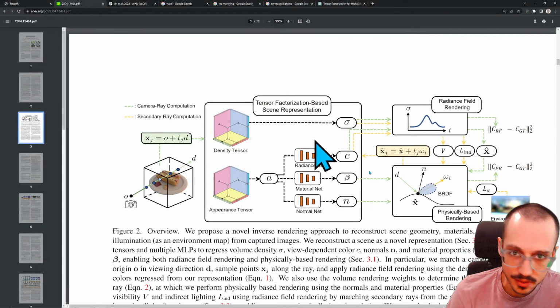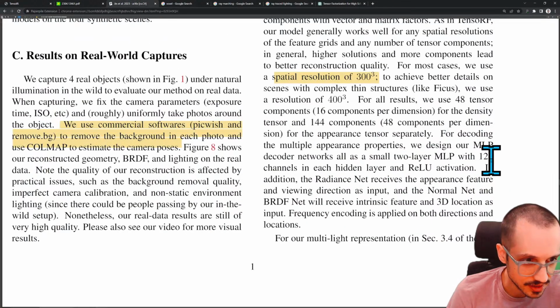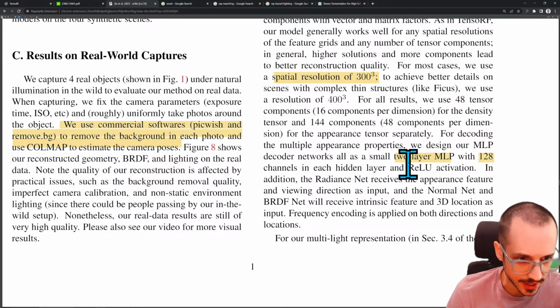The MLPs, so these little multi-layer perceptrons here, the normal net, the material net, and the radiance net, they're 2 layers, so still very tiny multi-layer perceptrons, 128 channels, which basically just means the size of the fully connected layers, and ReLU activation. So this is a very simple little MLP.